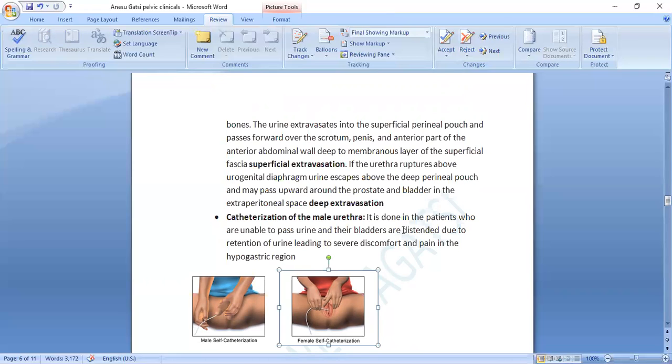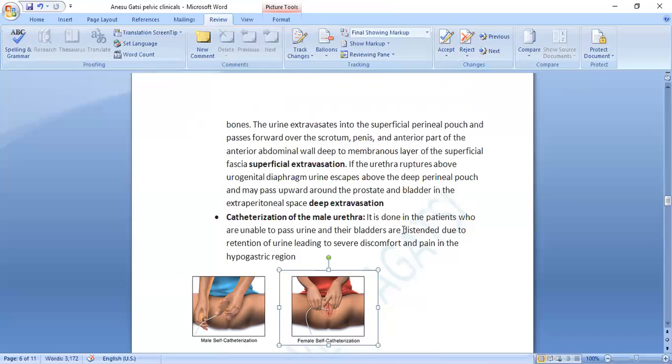Then we have what we call catheterization of the urethra, which can actually be self-done nowadays, as shown in the pictures that I have attached below. This is done in patients who are unable to pass urine and whose bladders are distended due to retention of urine, leading to severe discomfort and pain in the hypogastric region. So that's catheterization. Remember, we talked about suprapubic aspiration.